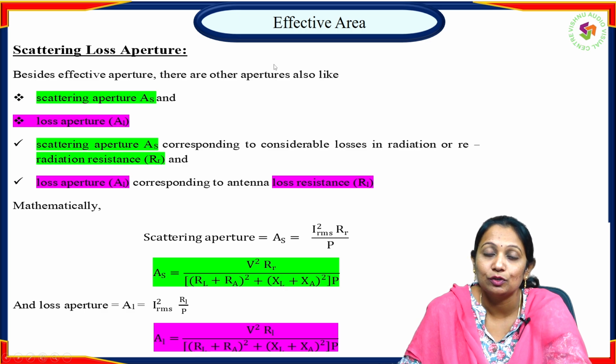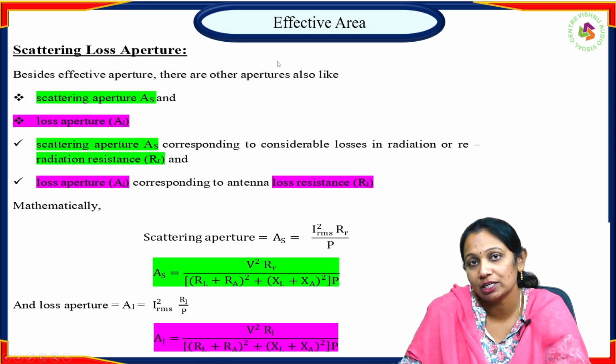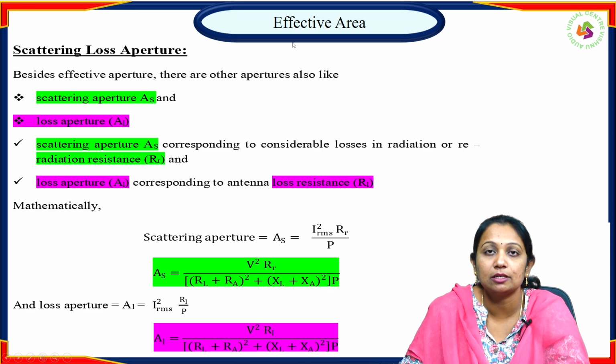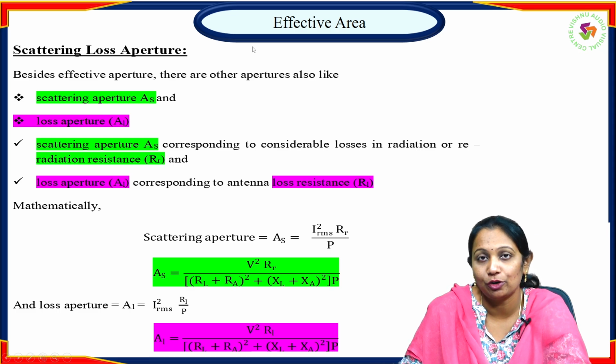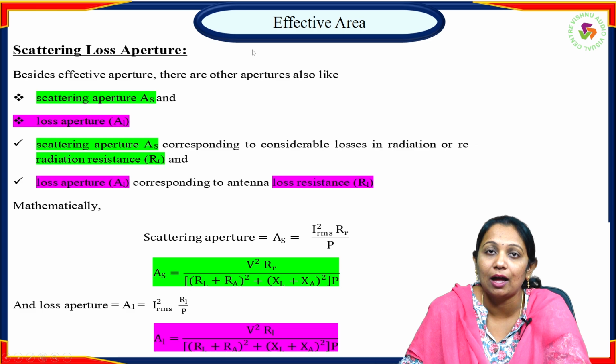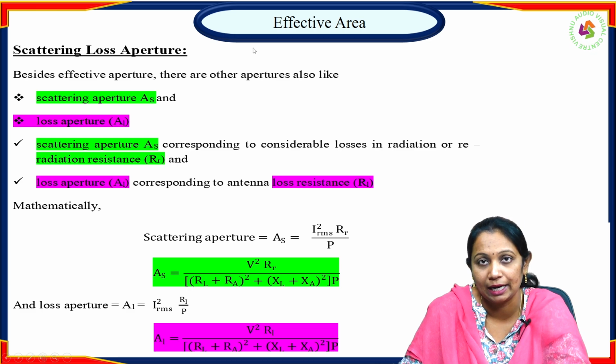In that calculation we have so many parameters like radiation resistance and loss resistance. Each individual one contributes to the aperture of that particular antenna.